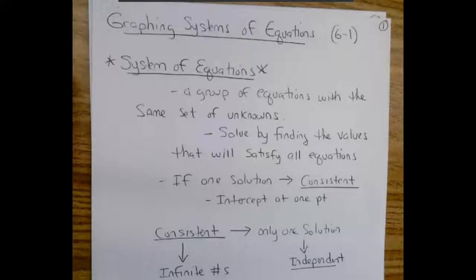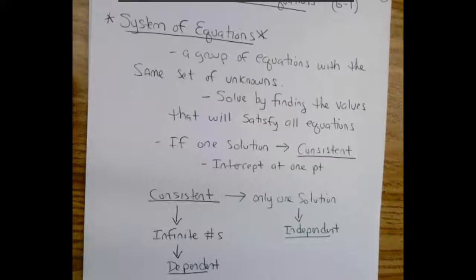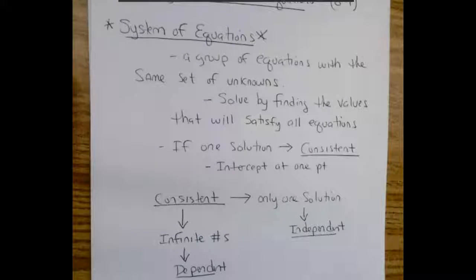We put them together to make a system of equations, and we see which answers are the same for each of them. You solve these systems by finding the values that will satisfy both of the equations. Sometimes it's just two equations, and that's really what we're going to be looking at. Just keep that in mind.